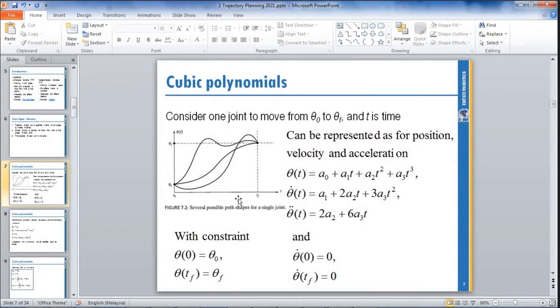That means this is the time that your robotic arm takes to move the object from the starting position at the starting time to your final position at the final time. So this is the time taken for your robotic arm to move. So at time 0, at position theta 0, you know that theta equals theta 0.